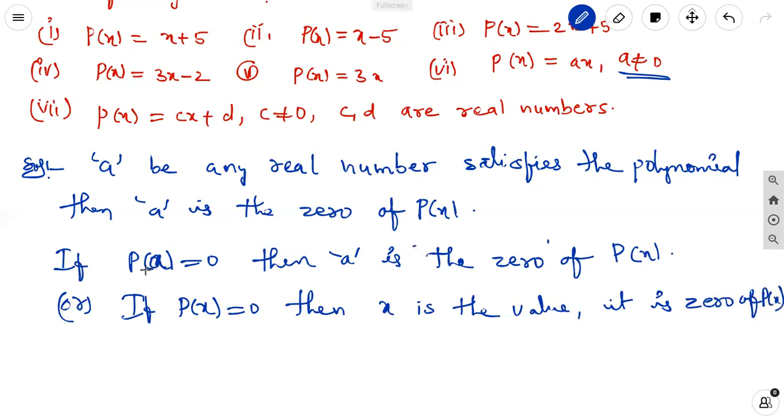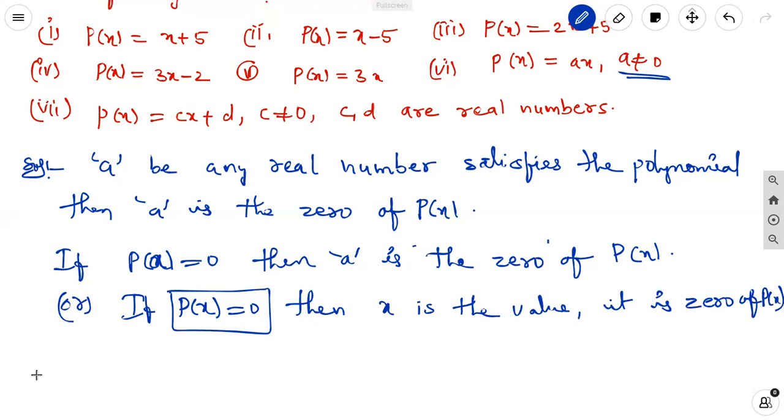Why? Because we cannot always substitute. It's not easy to substitute 1, 2, 3, 4, 5. In this case, we can just take p of x equal to 0. What we are getting as the x value, that value is the 0 of the p of x.